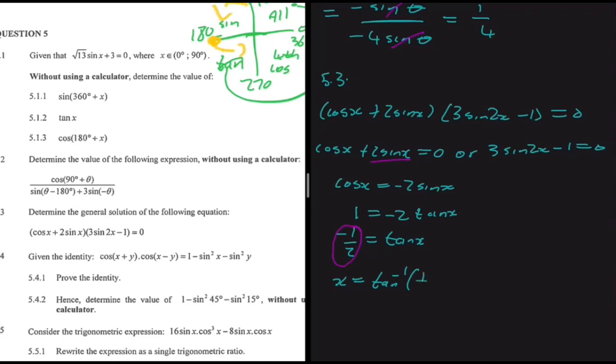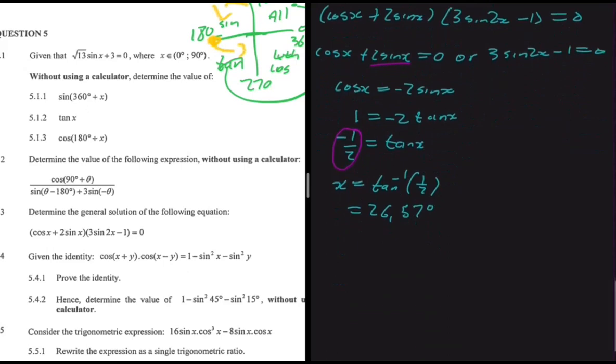If we do that, we're going to get 26.57 degrees. Now let's move to the other equation and solve that, and when we get to this step, we're going to carry on.